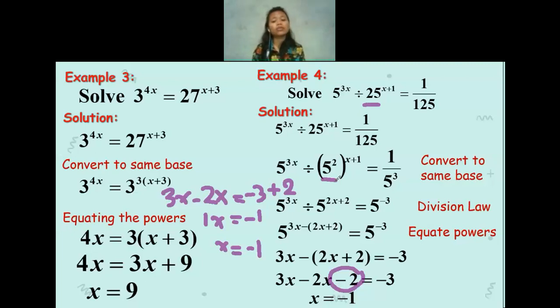In the example here, we always have to do the same thing. The 25 we have to break down into 5 to the power of 2. If you ask me how you get 5 to the power of 2, I already explained before, we use the factor tree. 25 we can break down into 5 times 5. That's why we have two numbers of 5.